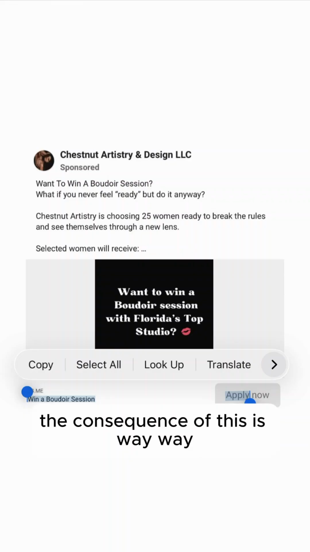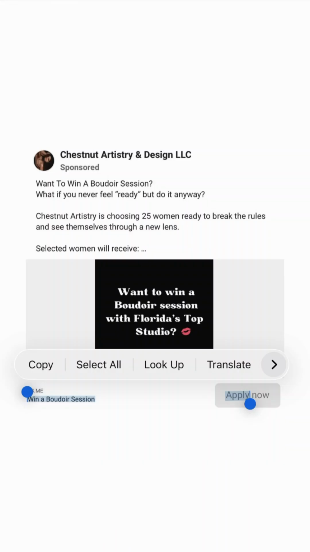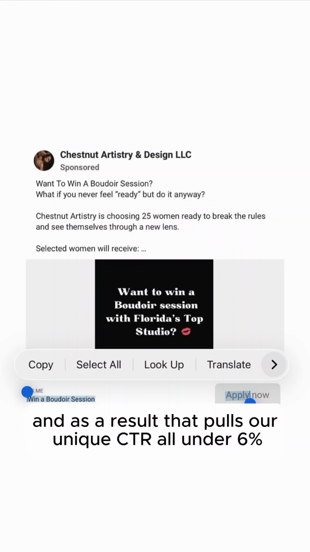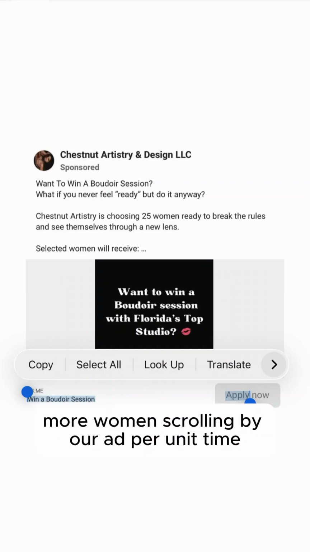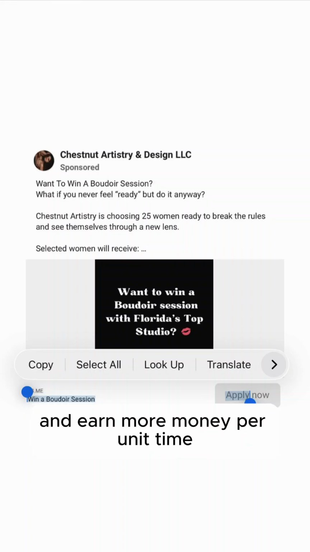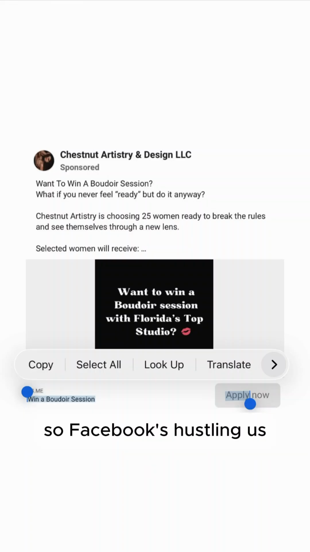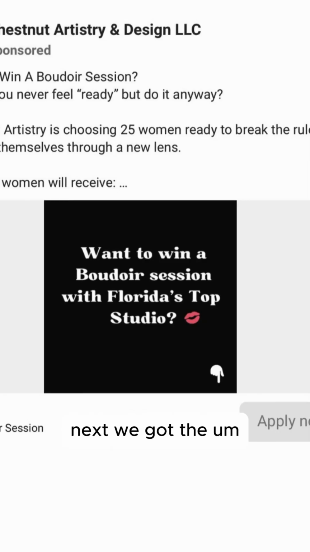The consequence of this is way more women scrolling by our ads than necessary. And as a result, that pulls our unique CTRL under 6%, contributes to BLCS. Facebook's happy though. More women scrolling by our ad per unit time means Facebook can serve more ads per unit time and earn more money per unit time. So Facebook's hustling us.